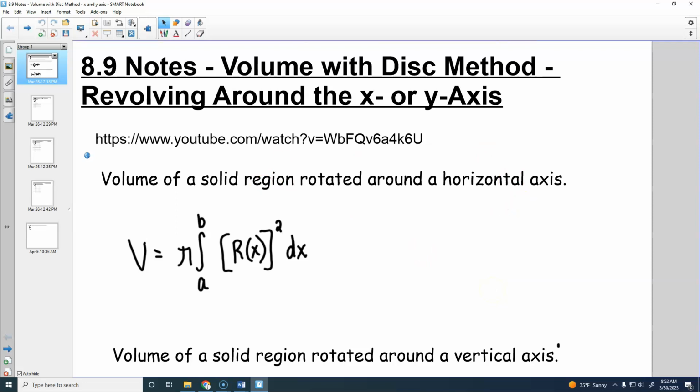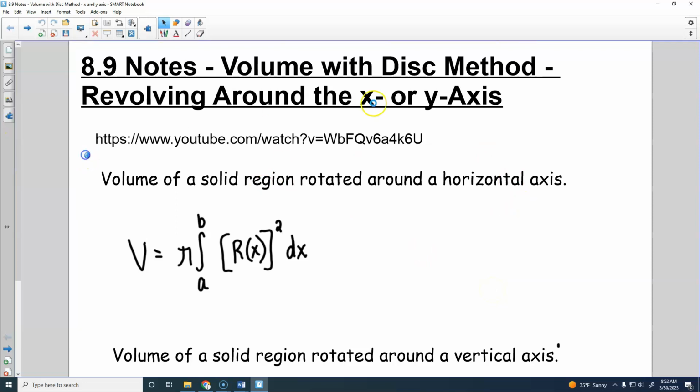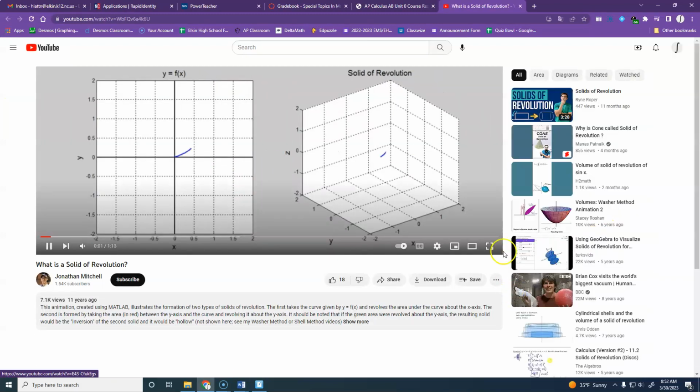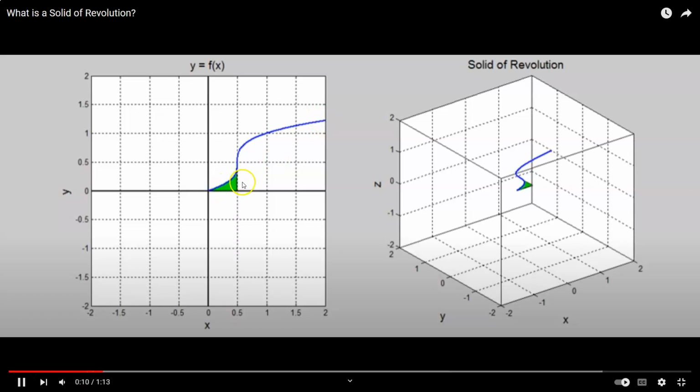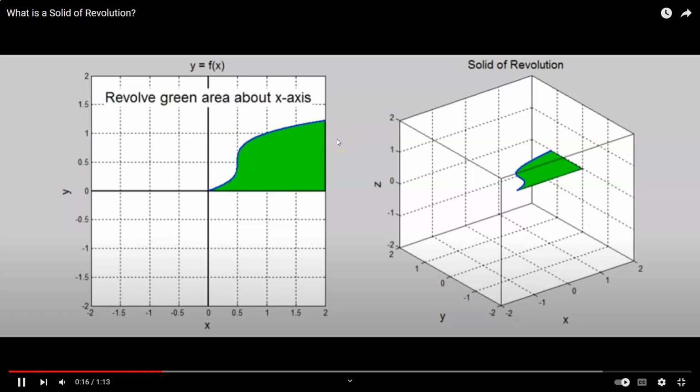All right, so here's what we're doing today. We're going to watch this quick little video. I don't think it has sound. It doesn't need sound. So, here's a curve, and then we're going to take a region bounded by that curve. So we've already done that. We know how to find that area, right?